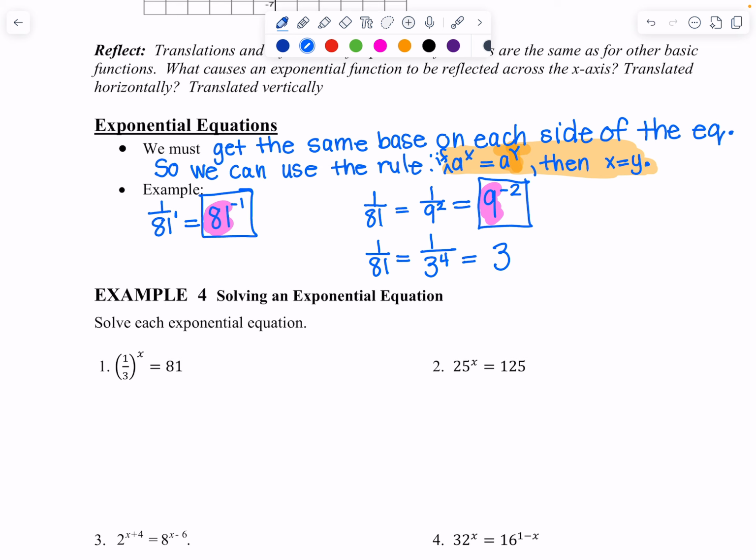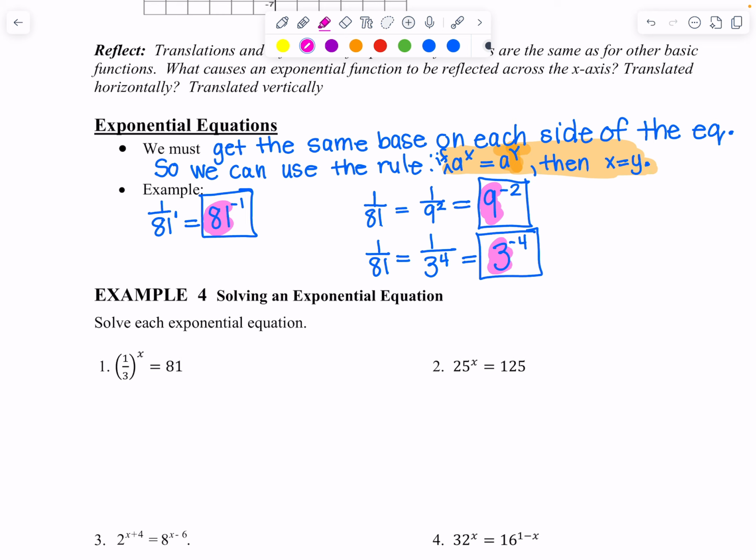But when I flip it, remember my exponent goes opposite, so it would be negative 4. So 3 to the negative 4 equals 1 over 81. Once again, this would be my base. So 81 has several bases. It has 9, it has 3, depending on what is on the other side of the equation.